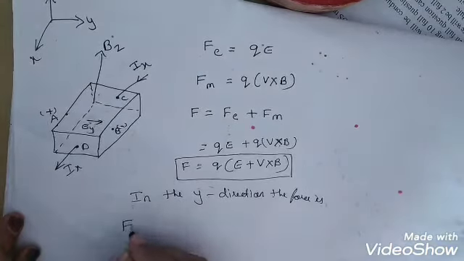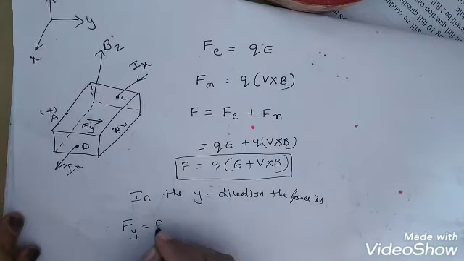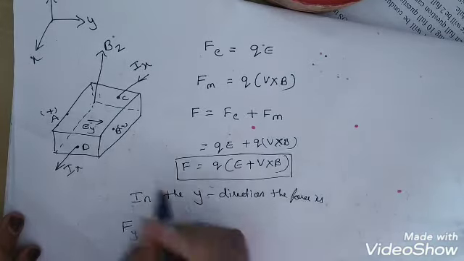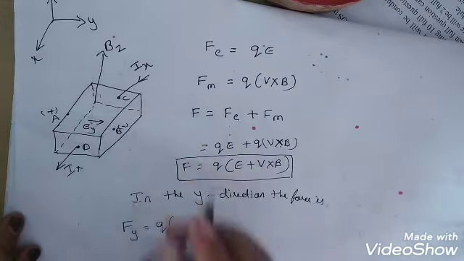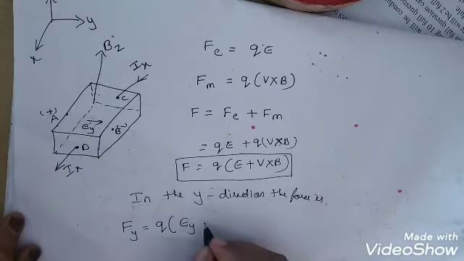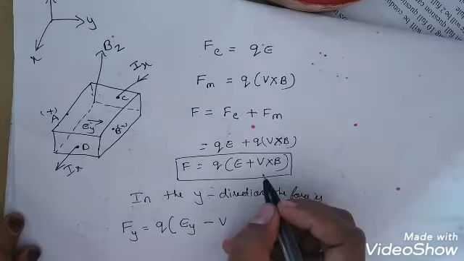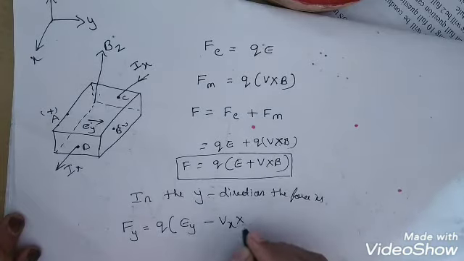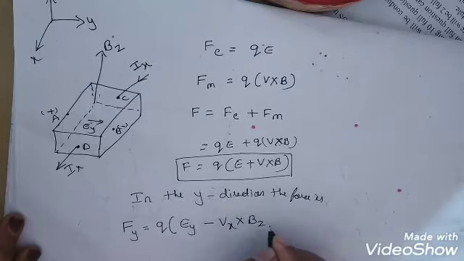Fy is equal to the charge times the electric field. Here the electric field is in the Y direction, so Ey, minus Vx, in the sense the applied velocity, into Bz.